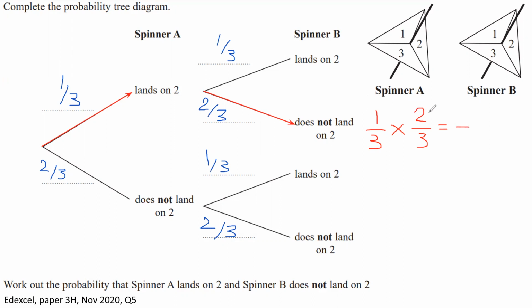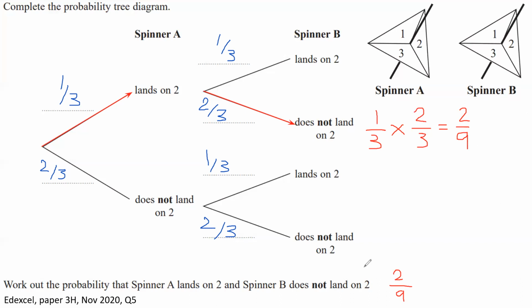So in this case, we do 1 times 2 to get 2 for the numerator, and then we do 3 times 3 to get 9 for the denominator. And then the last step, we just want to check that we can't simplify this at all, but 2 and 9 don't have any common factors other than 1, of course, so we can't simplify this any further. So this will be our final answer. The probability that spinner A lands on a 2 and spinner B does not land on a 2 will be 2/9.